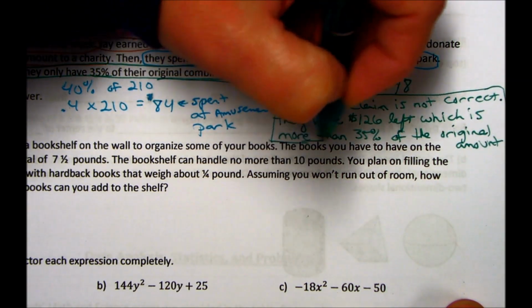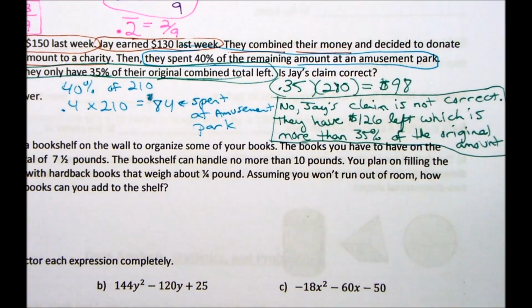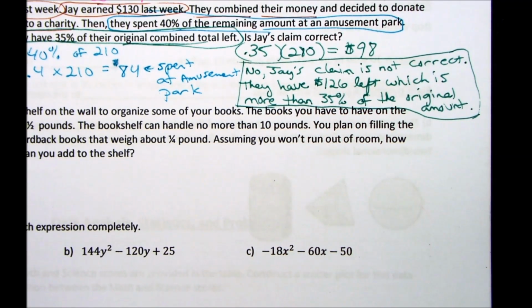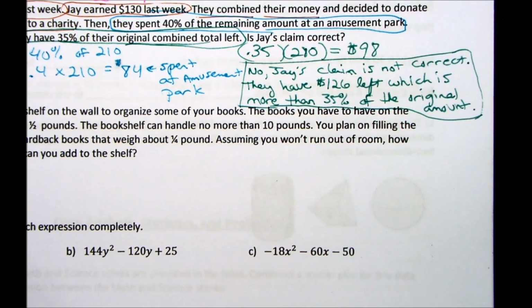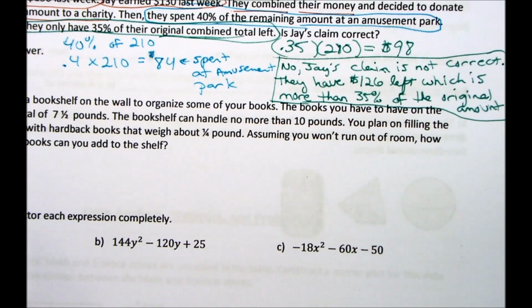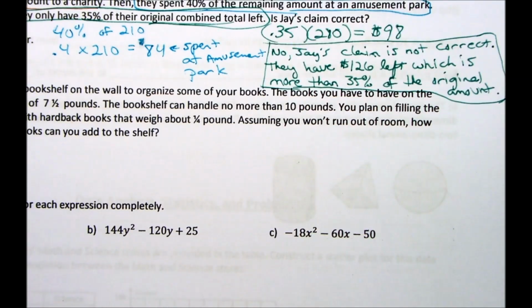So there's my answer and my explanation. And here's all my work to back up what I did. So on the ISTEP, you always want to make sure that you've got the work to back up and support your answer or your claim.